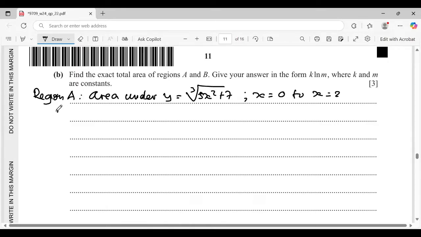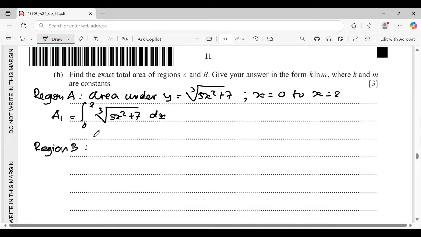It means the area A1 is the integral from 0 to 2 of the cube root of 5x squared plus 7 dx. That's region A.